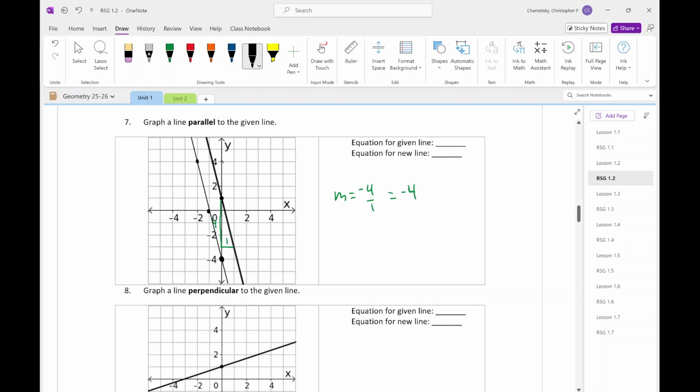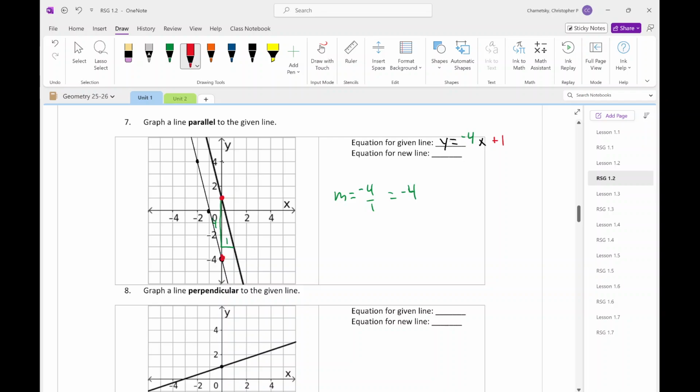Okay, there's our parallel line, and the original line would have an equation y equals negative 4x. There's the y-intercept at 1.